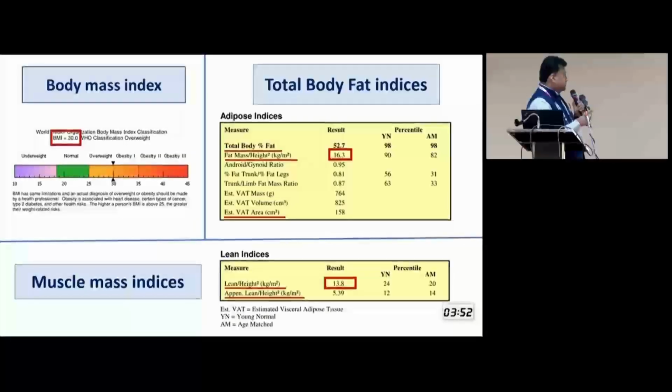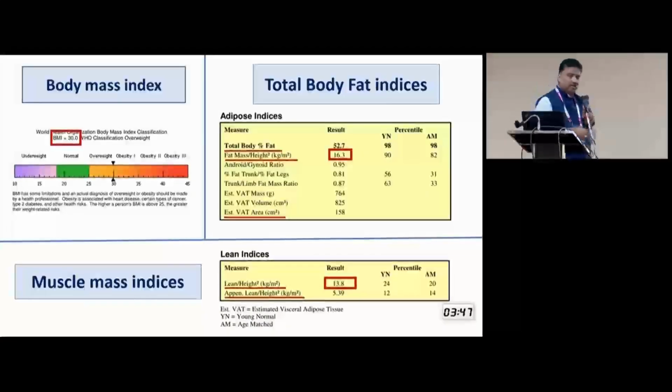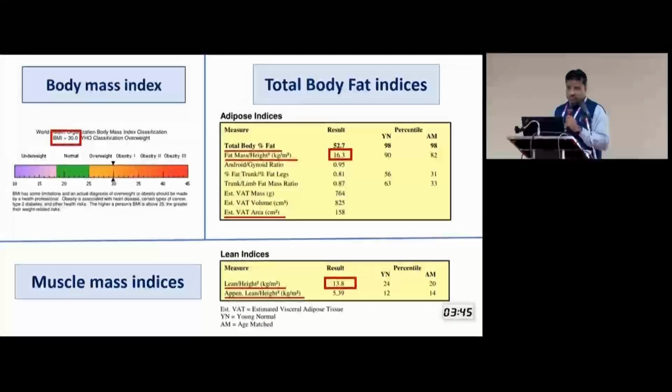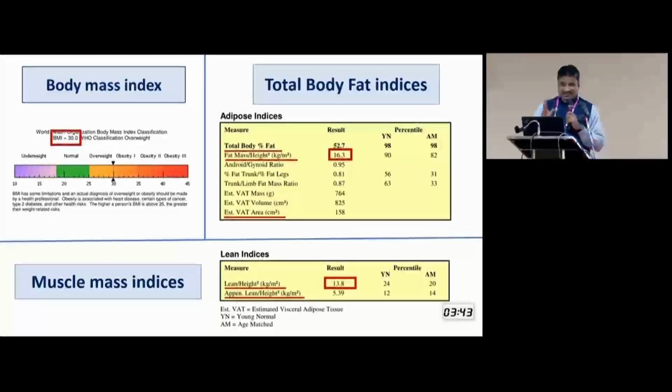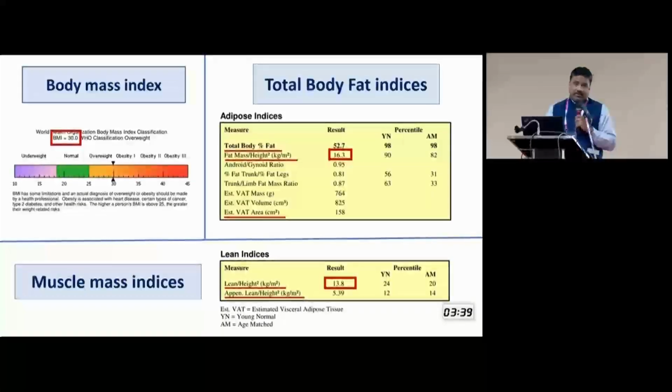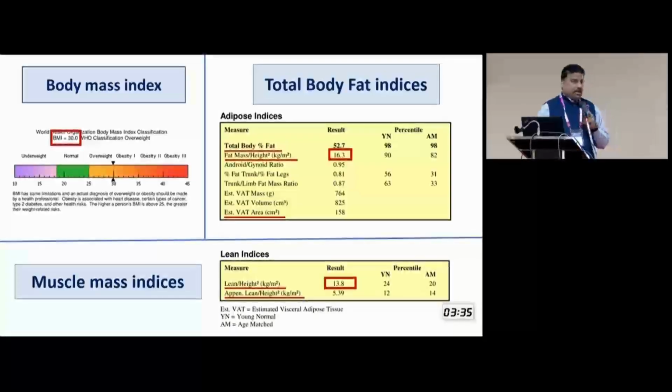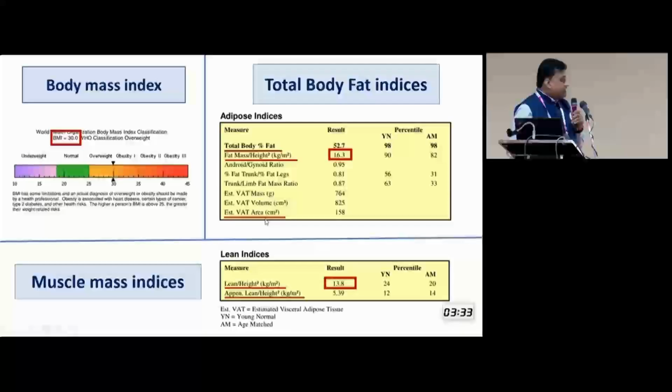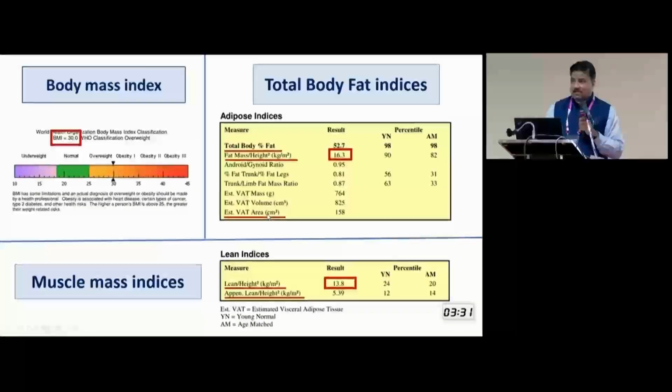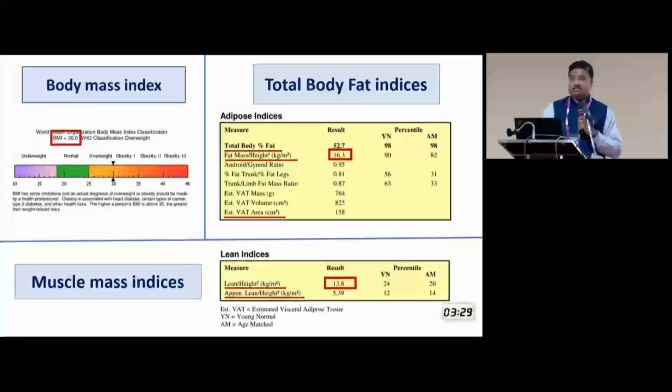So that's about the total body fat percentage. We've talked about 3 things so far: total body fat, fat by height square, and lean by height square. Let's talk about the visceral adipose tissue area. Now this is something which is estimated, not really directly calculated as it would have been in an MRI or a CT scan. What is the normal value? We're looking at the last value here, which is the fat area. A normal value would be anything less than 100 centimeters square.